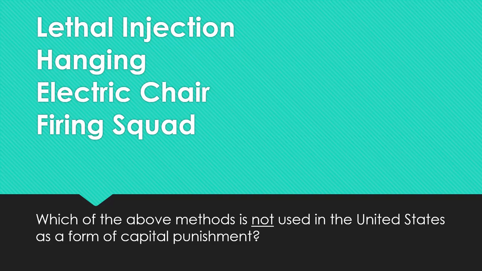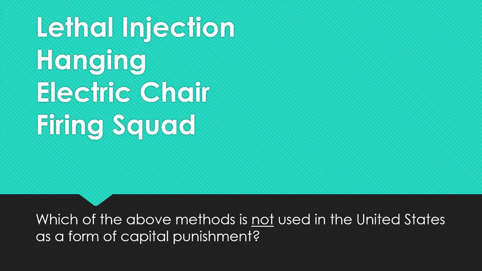First thing I'd like you to do this lesson: there are four methods of administering the death penalty. We have lethal injection, which is when you are injected with a poison and that kills you. You'll learn a little bit about the lethal injection this lesson.